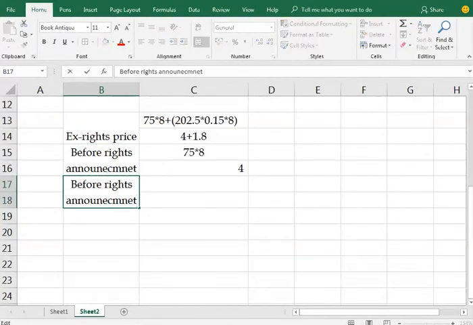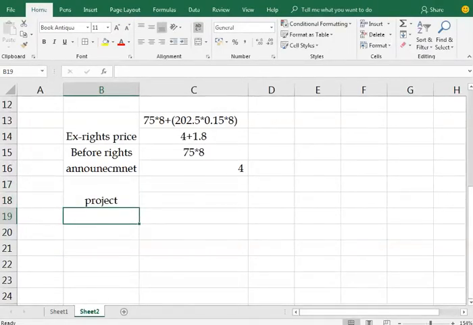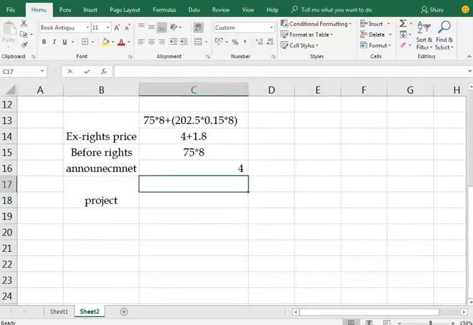The moment I announce a positive NPV project, my worth has to go up. So the worth will become 75 into 8 plus 243 minus 202.5. It will not go up by 243 because you are yet to raise money. The moment you raise the money, it will go up by 243.